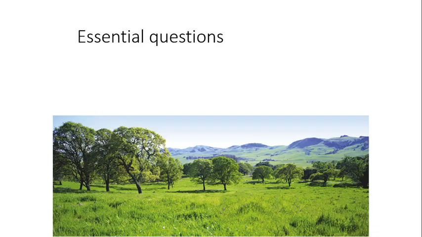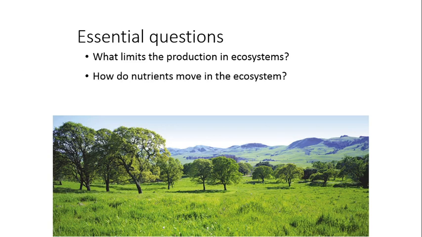Some questions might have arisen in your mind. If not, I'm just suggesting some: what limits the production in an ecosystem? We'll talk about the utility and utilization value in the next lectures also. How do the nutrients move in the ecosystem? How does the energy flow in the ecosystem, for which we are going to talk about different types of cycles, the nitrogen cycle, carbon cycle, and all.